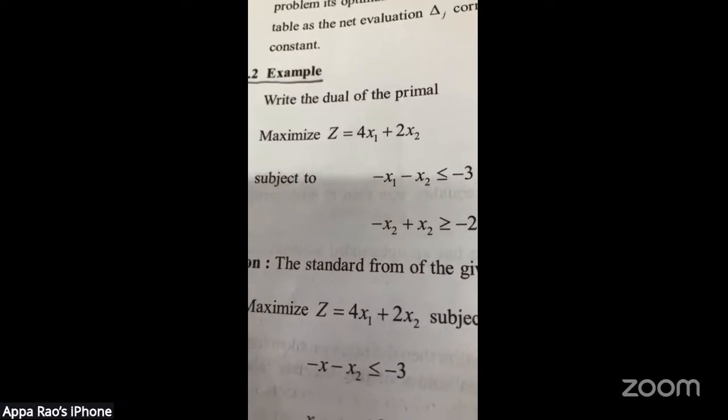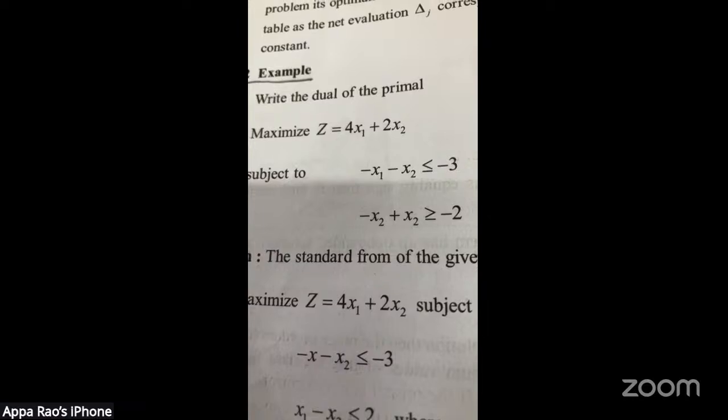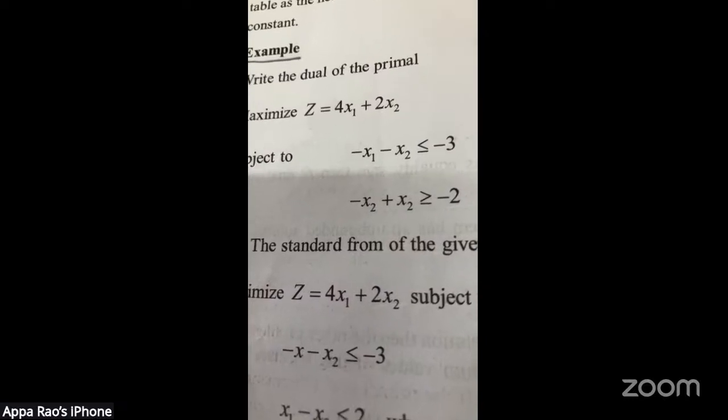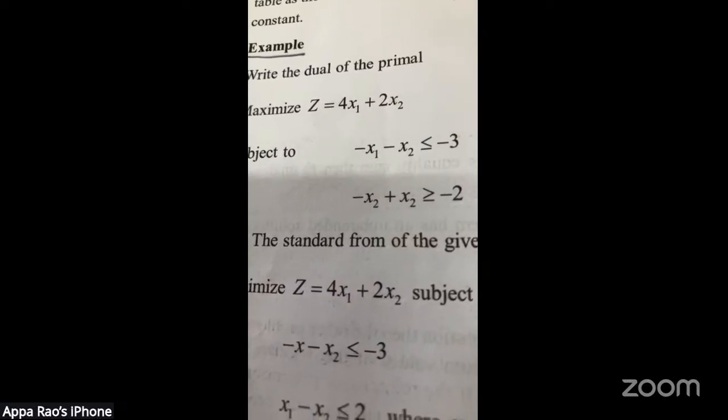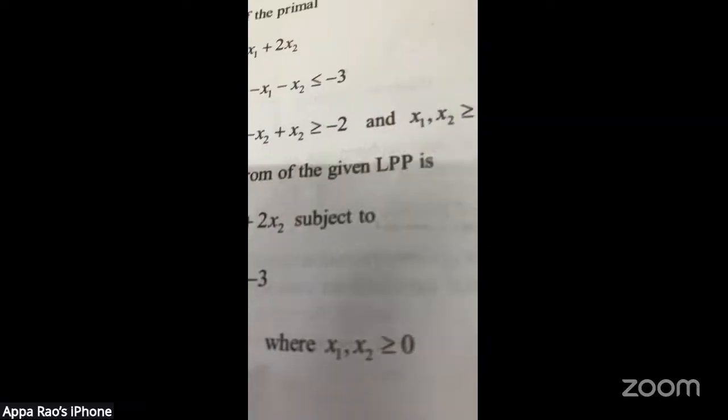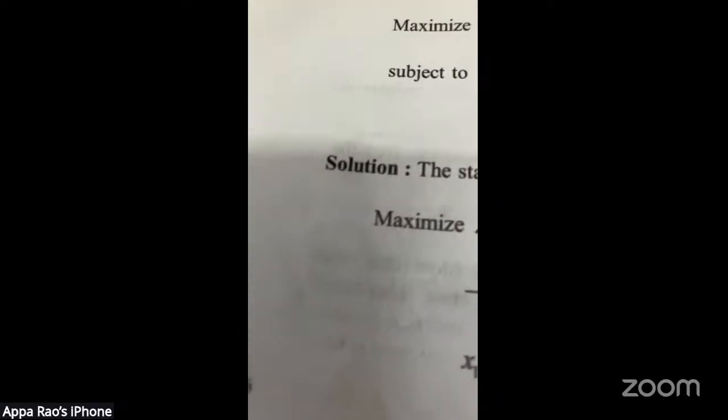Maximize z equal to 4x1 plus 2x2, subject to the constraints minus x1 minus x2 less than or equal to minus 3, x1 minus x2 less than or equal to 2, and x1, x2 greater than or equal to 0.